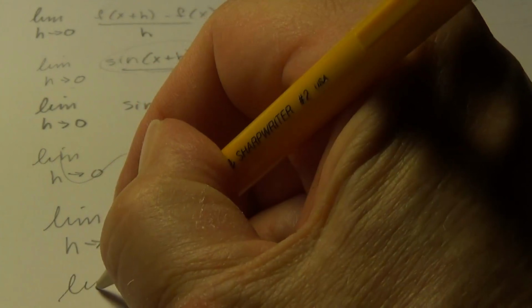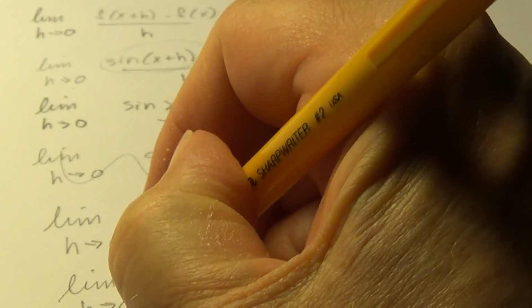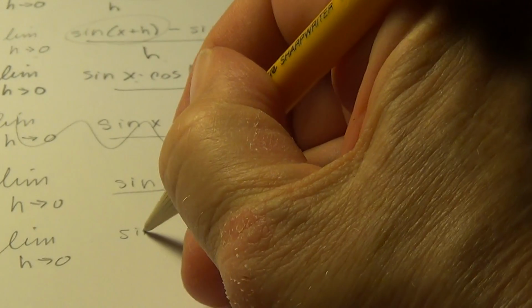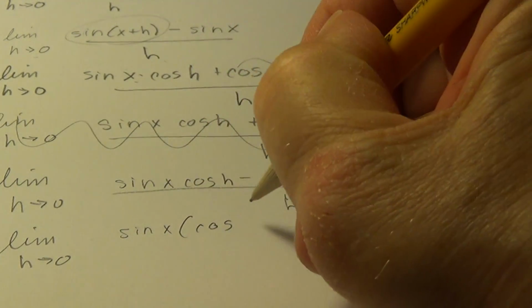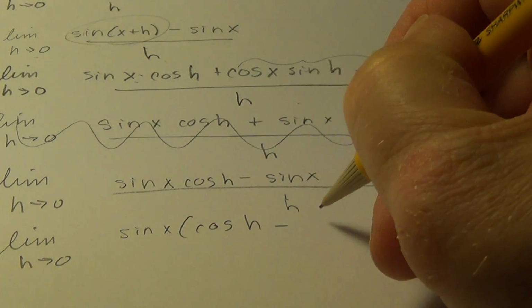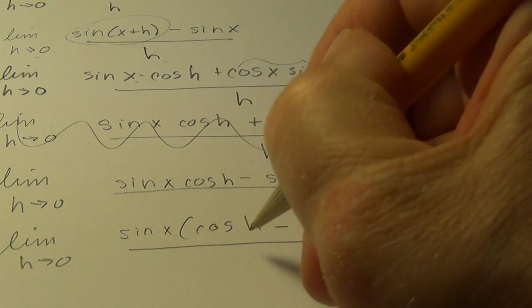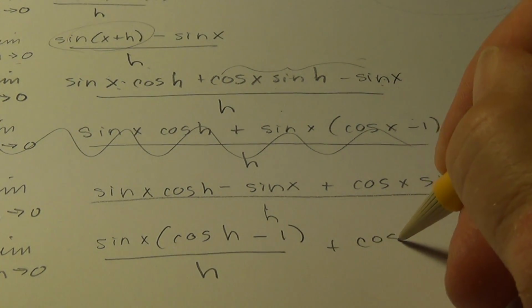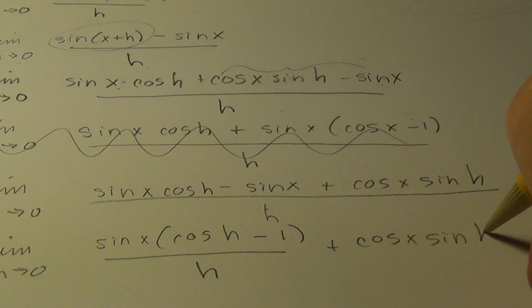See if that helps. Sine x, that leaves a cosine h minus 1. Yeah, oh yeah. Alright, and over here, I still have cosine x sine h.